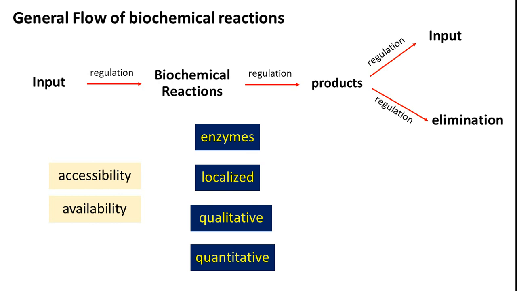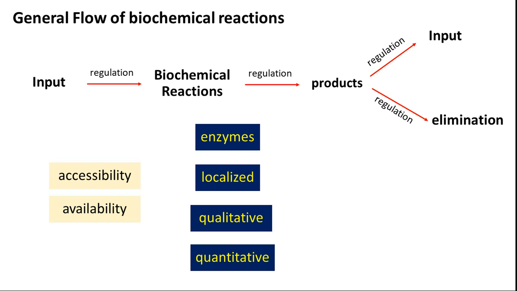In case of the middle one, enzymes, whether an enzyme is there or not, yes or no, that is qualitative information. If the enzyme is there, but it is not in appropriate numbers, let's say 1000 enzymes are needed, but only 10 or 15 are there, obviously they are not going to meet the requirement.